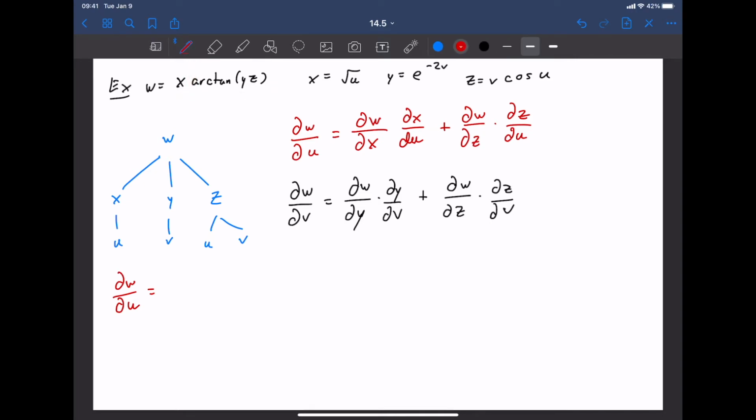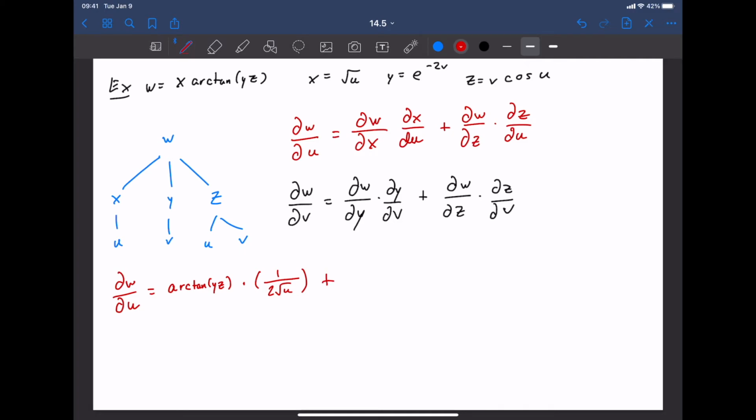It's like it says 5x. So the derivative of 5x is 5. Arctan yz. No big deal. Times dx du is 1 over 2 root u, or you could write it using just the negative 1/2 power. Doesn't really matter.